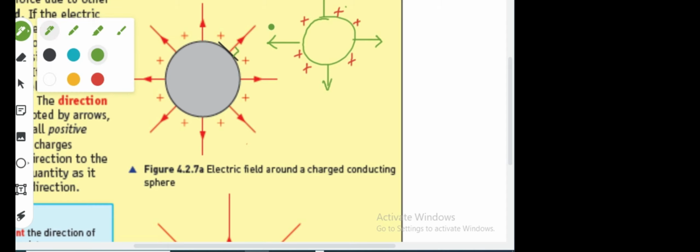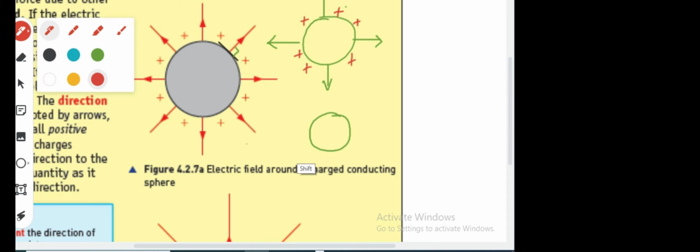Now if it is negatively charged, it will be drawn the other way, going towards it, isn't it? So let me just add that. If I have this, now this time it is negatively charged. I think I should draw the radial lines first before that.